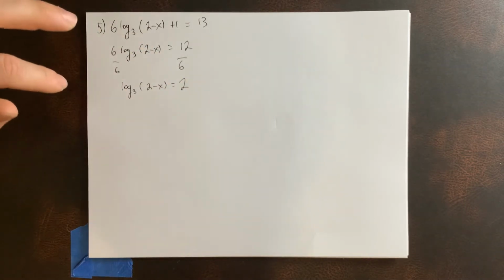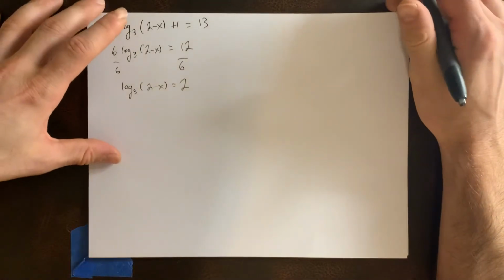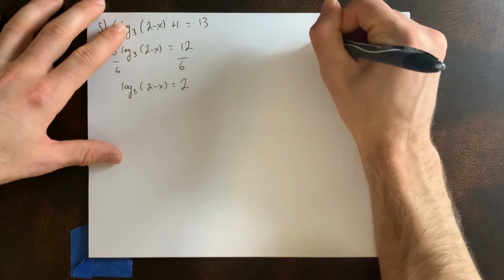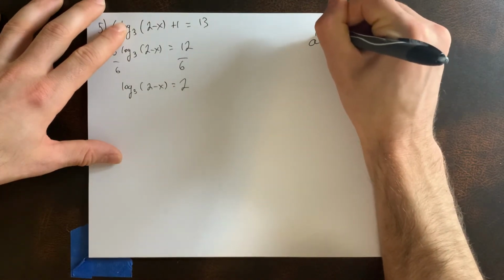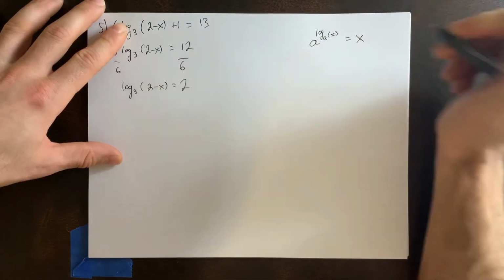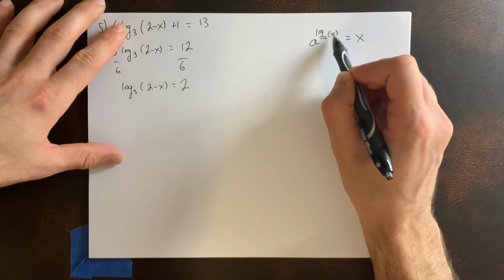Now there's a log rule that we didn't quite talk about. Let's write the log rule out. If we have a raised to the log base a of x, this is just equal to x. So this is a raised to this power, log base a of x.